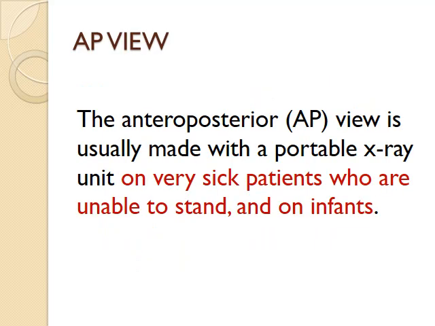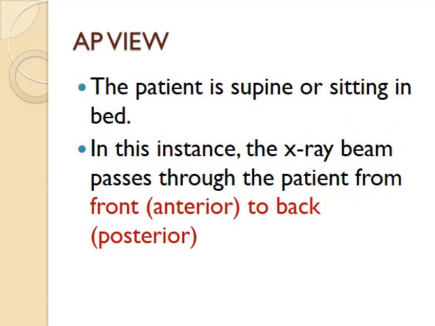Then coming to the AP view. The anteroposterior view is usually made with a portable X-ray unit on very sick patients who are unable to stand and on infants. In AP view, the patient is in supine position or sitting in the bed. In this instance, the X-ray beam passes through the patient from anterior to posterior.